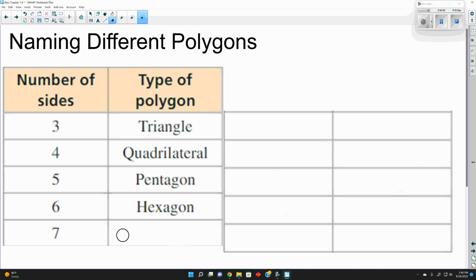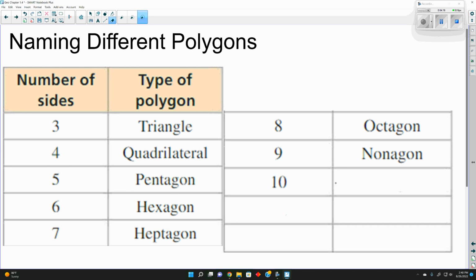Hexagon. 7 is heptagon. 8 is octagon. 9 is nonagon. 10 is decagon. 12 is dodecagon. 11 is undecagon.